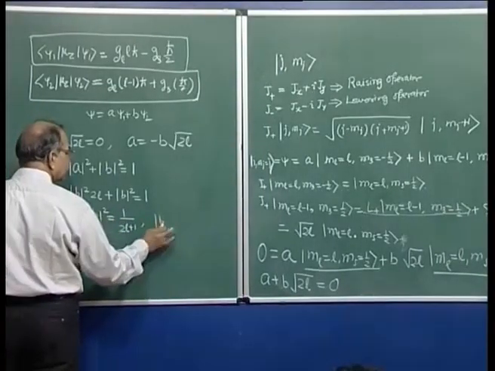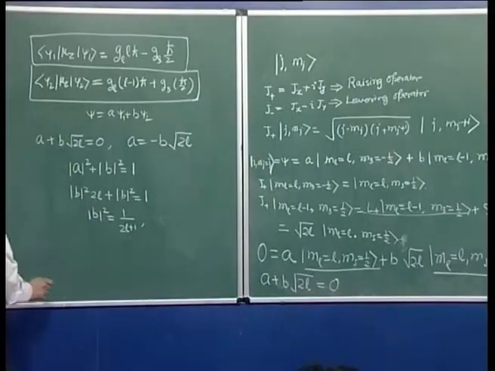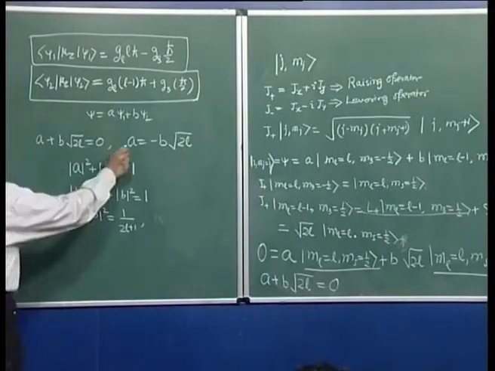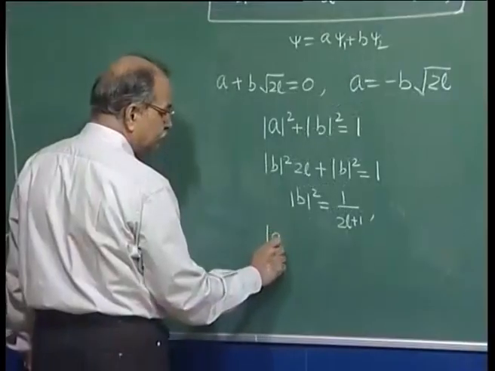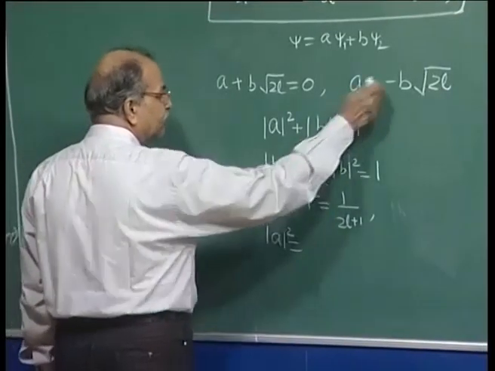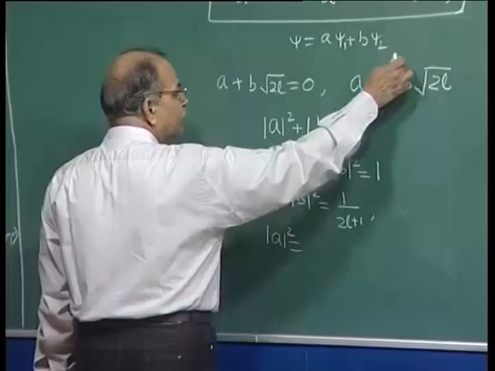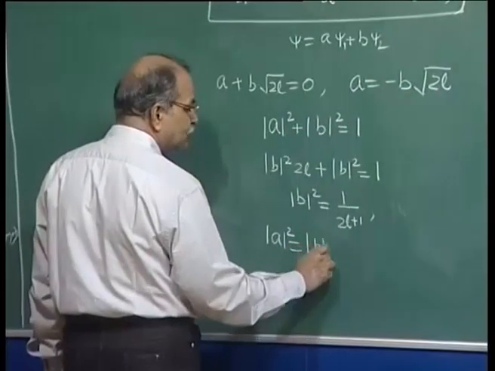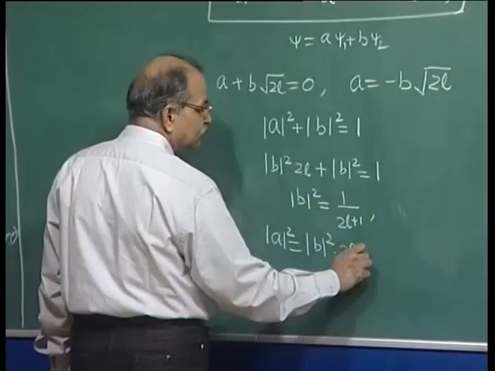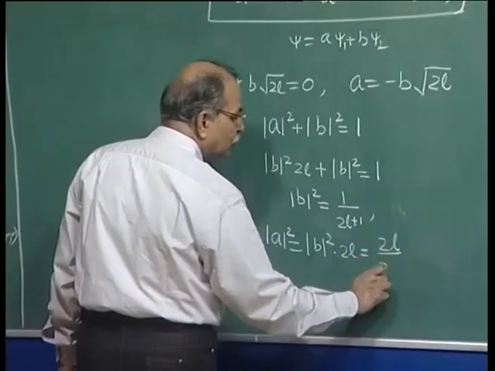And mod a square I can write from here, it is mod b square times 2L. So, it is 2L by 2L plus 1.